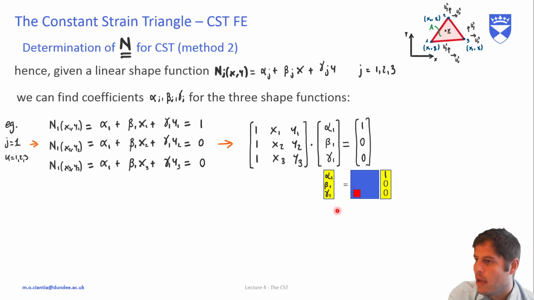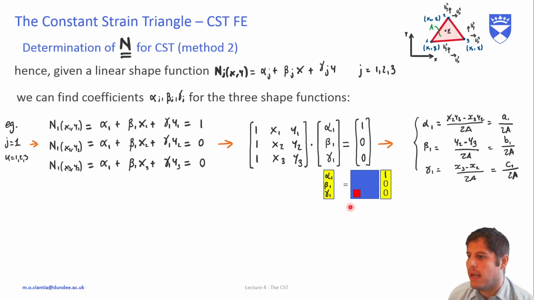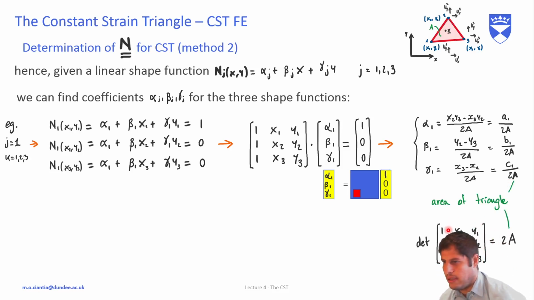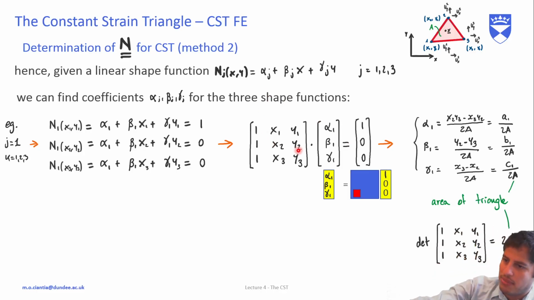Okay? So by calculating the inverse of this matrix, we obtain that alpha 1 is equal to a1 over 2A, beta 1 is equal to b1 over 2A, gamma 1 is equal to c1 over 2A, where A is the area of the triangle, and this is because the determinant of this matrix over here is actually equal to 2 times the area of the triangle.